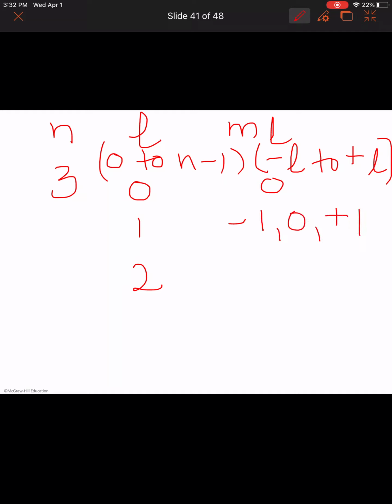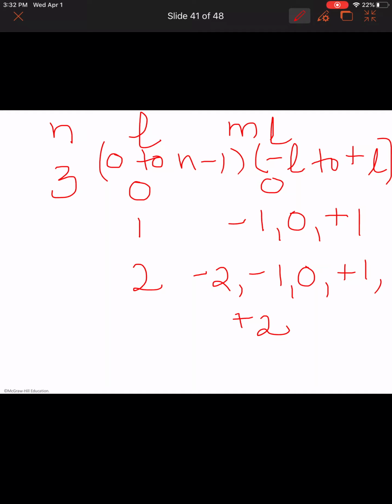Remember, when you are going from minus 1 to plus 1, it has to go through 0, so 0 is also included. And the ML values if L equals 2 are going to be minus 2, minus 1, 0, plus 1 and plus 2. So those are the possible L and ML values for the principal quantum number 3.